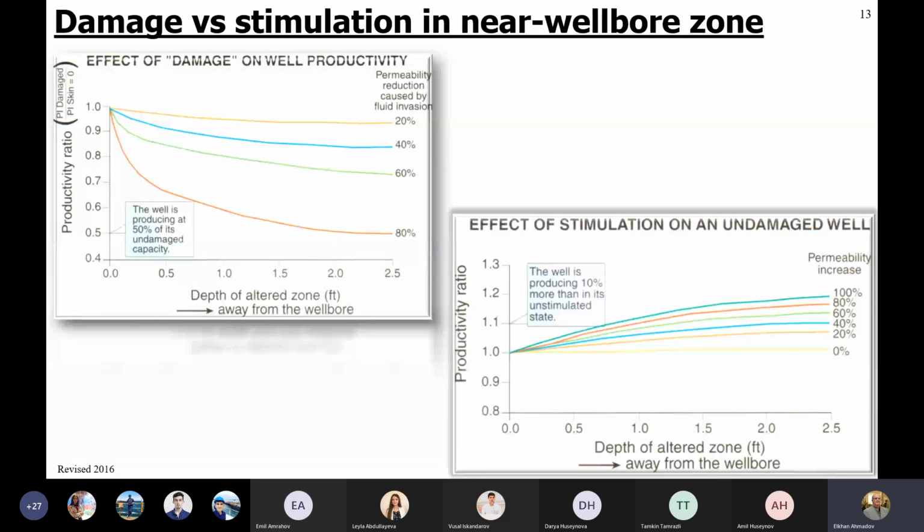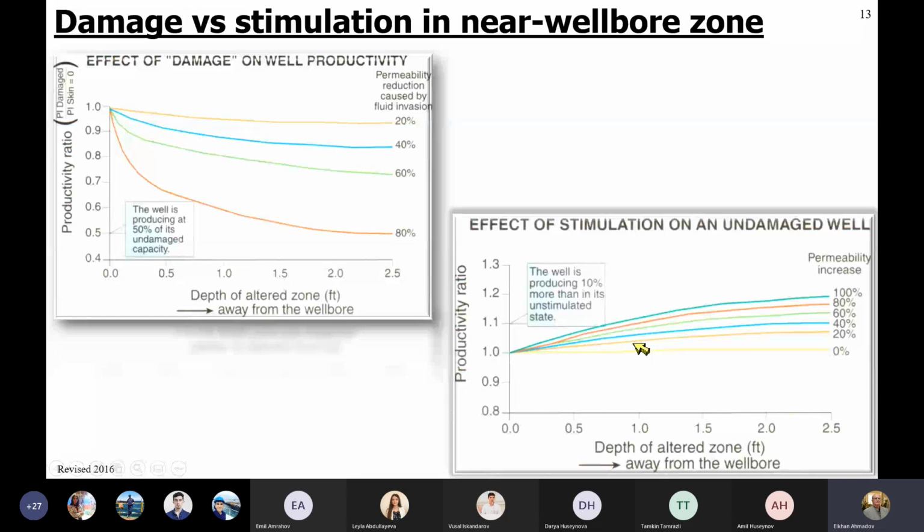But if we consider the effect of the stimulation, for the same 1 foot stimulation, if we increase from 20 to 80, the increase will be only 10% or even less.